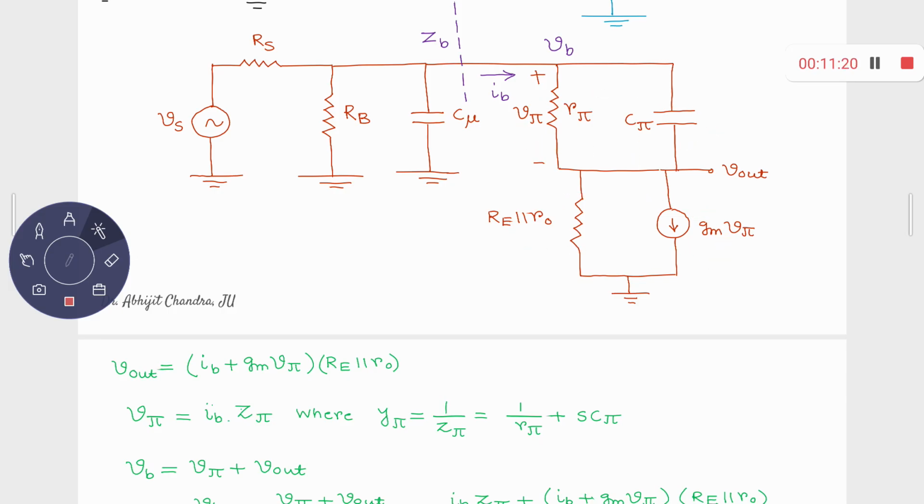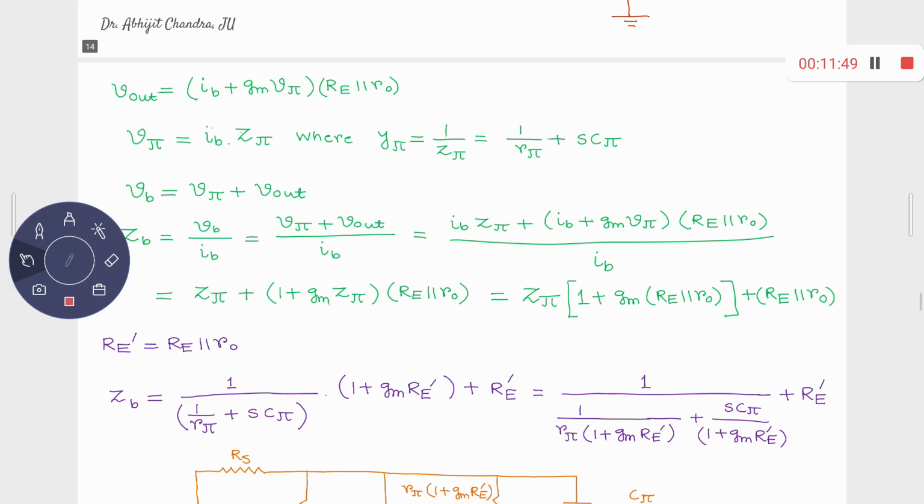That is basically giving you the flavor of ZB, because this voltage is VB and here the current is IB, and the ratio of these two, VB upon IB, will give you ZB. So we have done this calculation to some extent, and we have noticed that this can be represented as 1 upon some Y1 plus Y2, plus some Re prime. So this part of the circuit can be modified, and then ultimately what we are getting is this one.